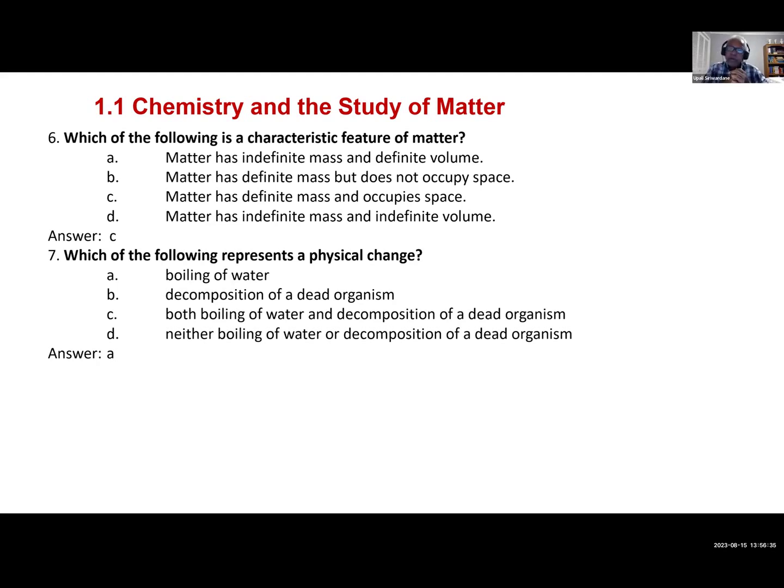Boiling of water and decomposition, neither boiling of water or decomposition. So B, is that right? Decomposition of an organism, when somebody dies, decompose means it breaks up the matter. It's a chemical change. Oh, because it changes.